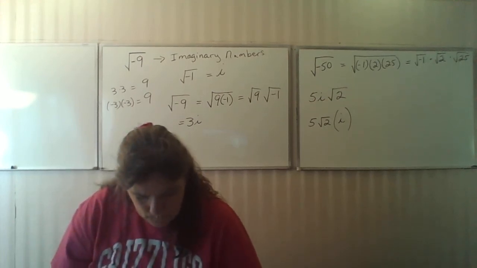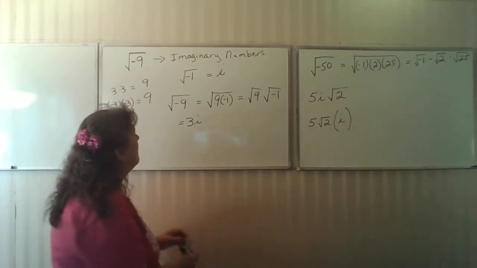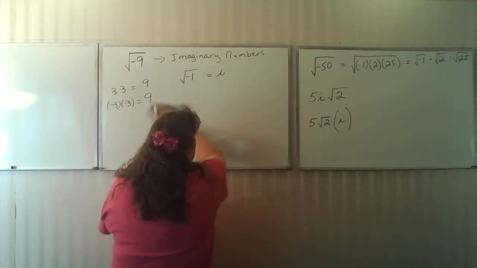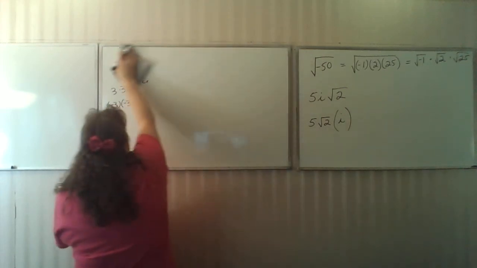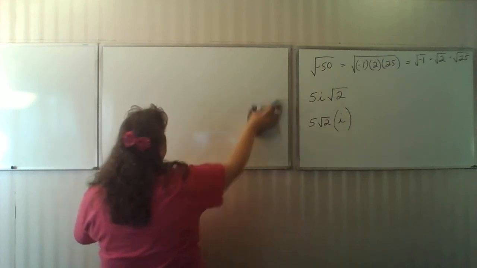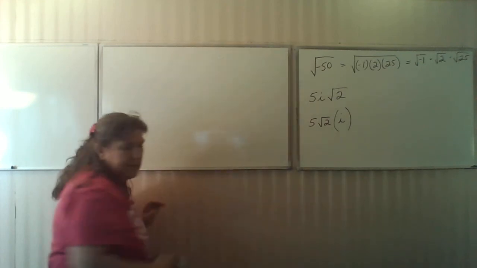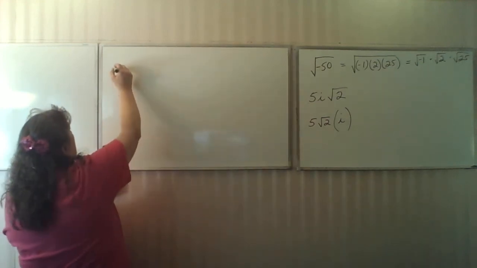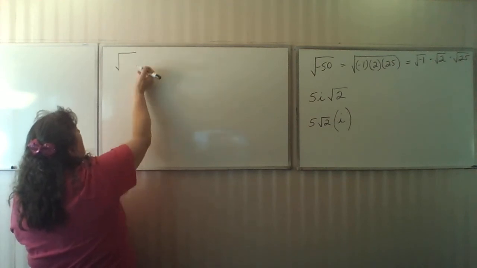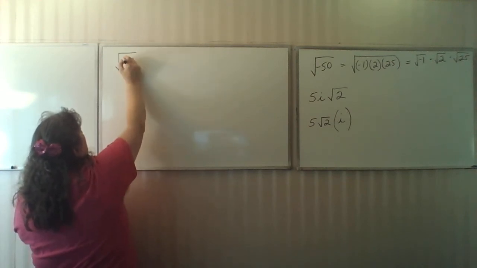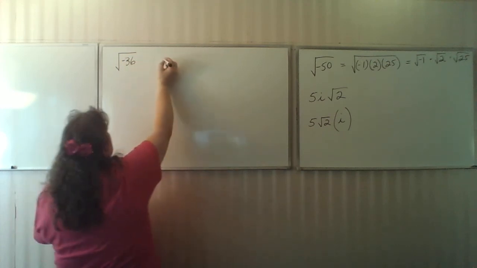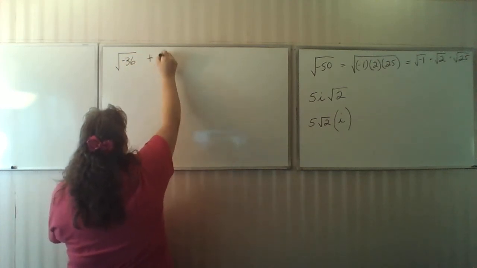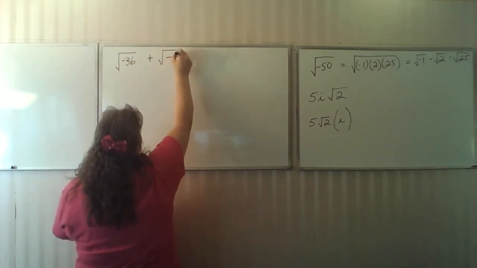So what would happen if we tried to add or subtract these imaginary numbers? So let's look at some of those. Square root of negative 36 plus square root of negative 4.